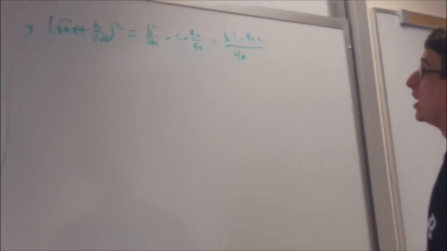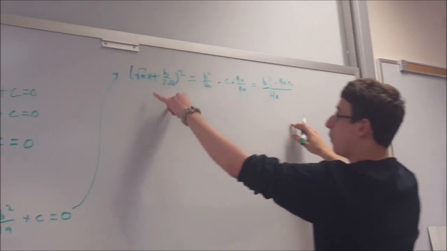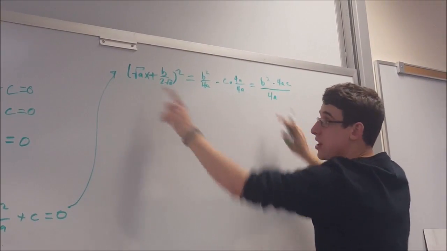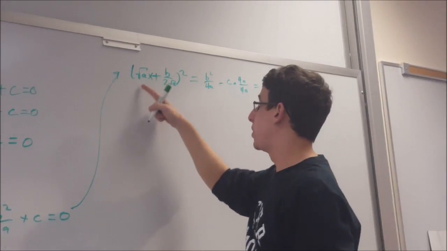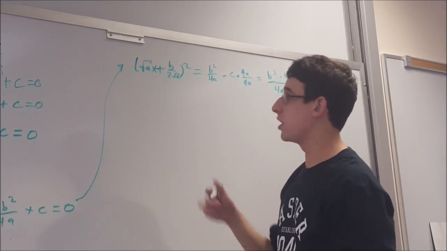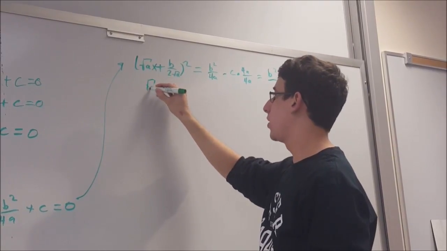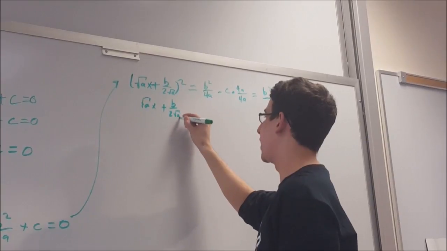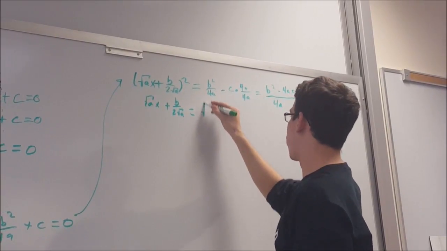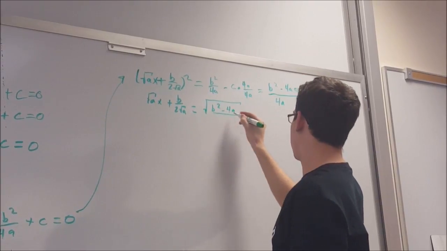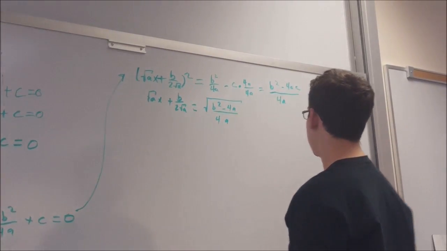Now we can account for this squared here by taking the square root of both of these terms. Because we square rooted a square, the things in the parentheses are all that's going to be left. So we've got square root ax plus b over 2 square root a is equal to the square root of b squared minus 4ac all over 4a.